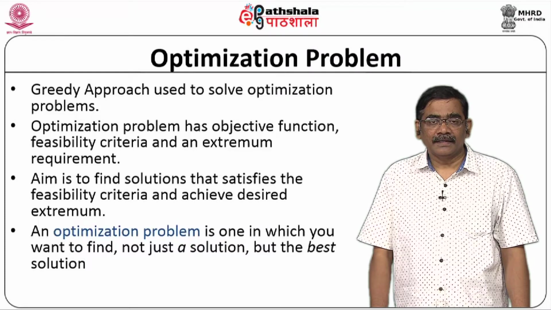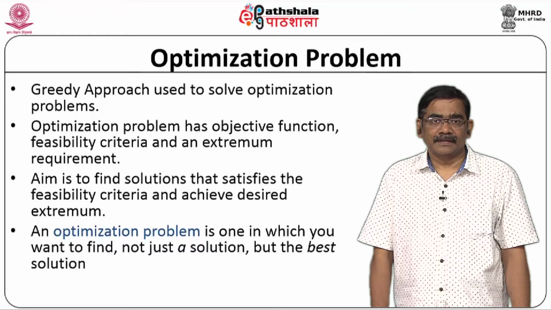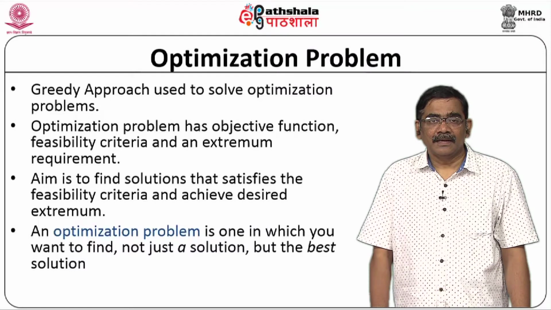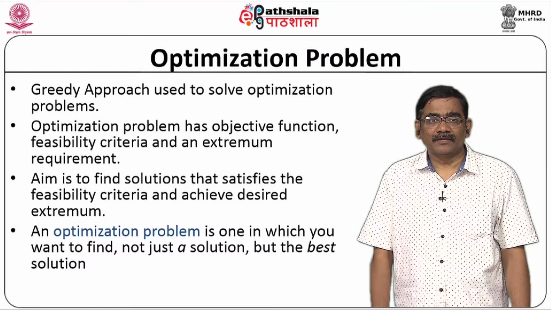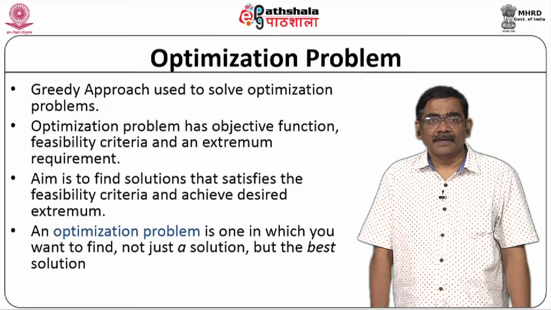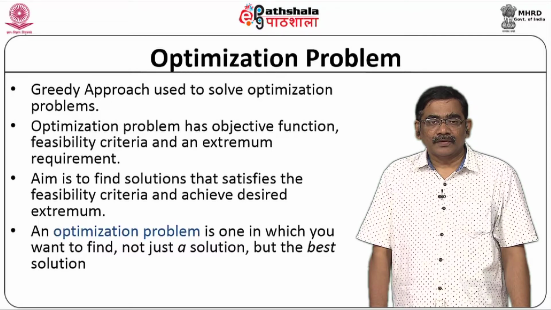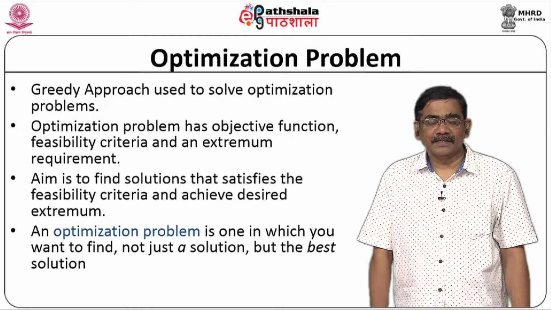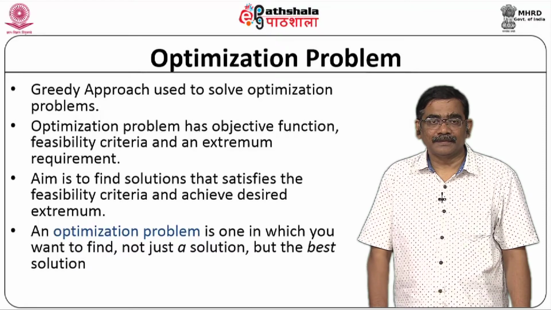Out of that, some solutions are the best solutions that satisfy not only the feasibility criteria, but also the objective function maximization or minimization. These sorts of solutions are called optimal solutions, and the aim of computer science is to design solutions that are considered to be optimal.